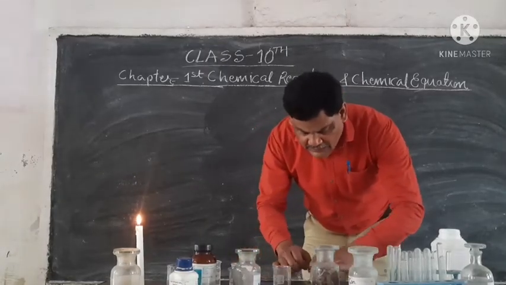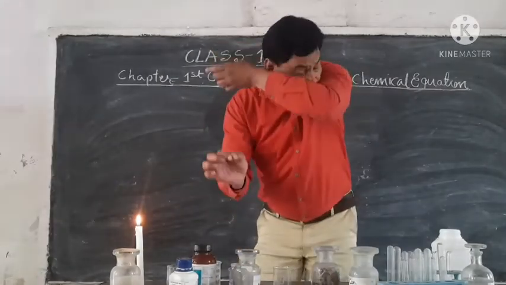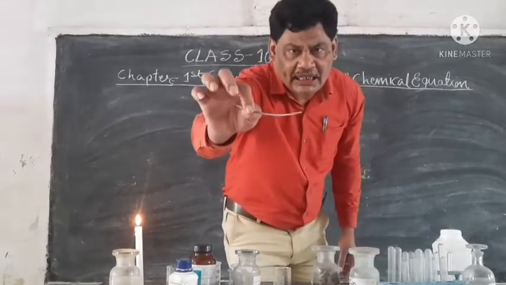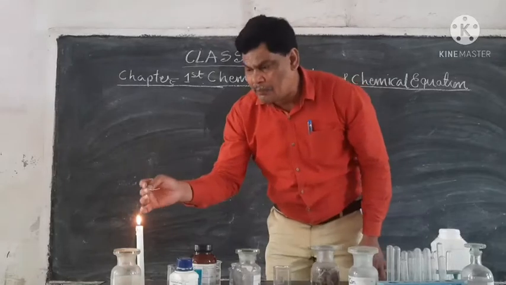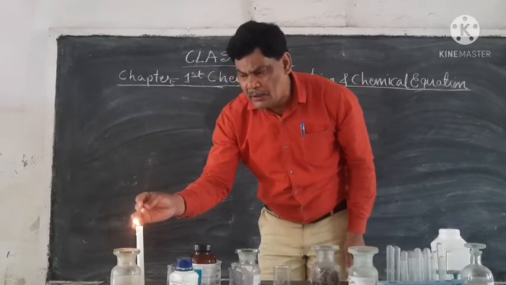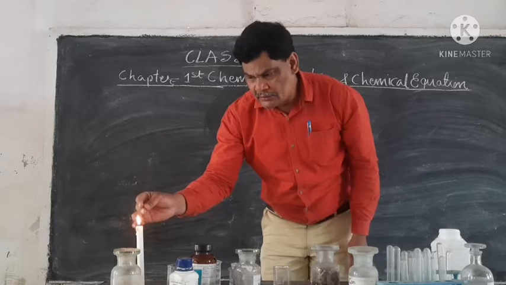Because it is going to be converted into a new substance. Now when I scratch it, you can see a shiny white surface appears, and now I am burning it in the presence of oxygen. See here. Actually, the experiment requires patience.